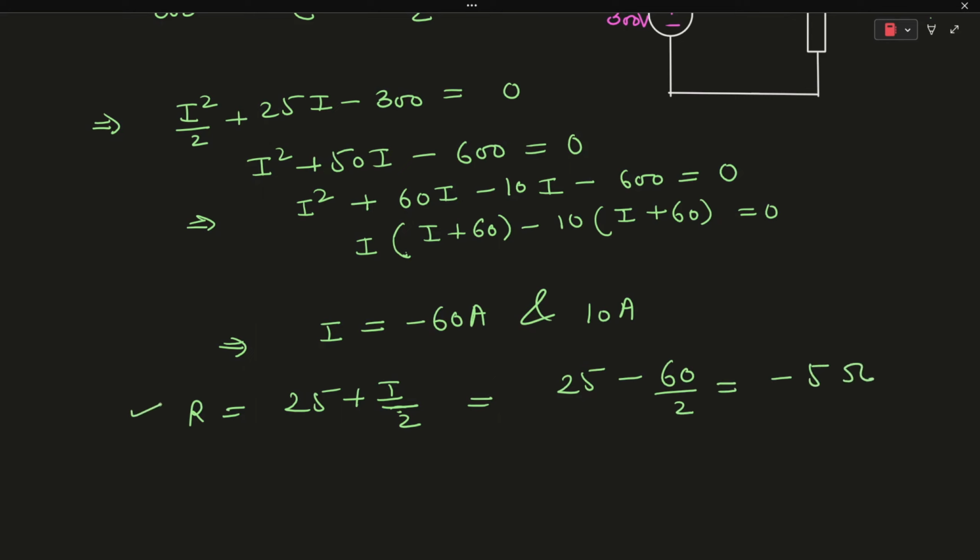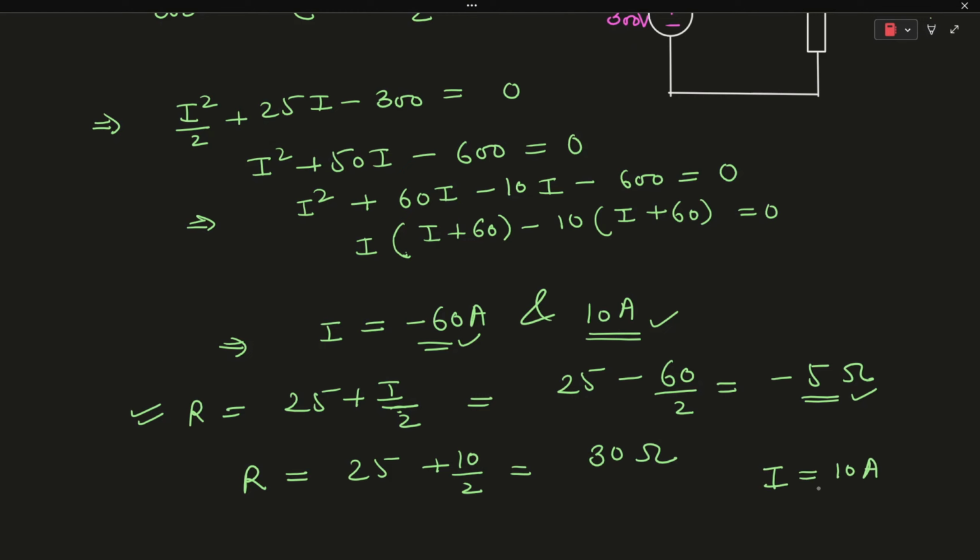Since the value of the resistor is coming out to be negative, this is not an authentic value of your current. Also, on substituting the value of I equal to 10 amperes in the equation, we are getting R is equal to 25 plus 10 upon 2, which is equal to 30 ohms. So I is equal to 10 amperes is your correct answer.